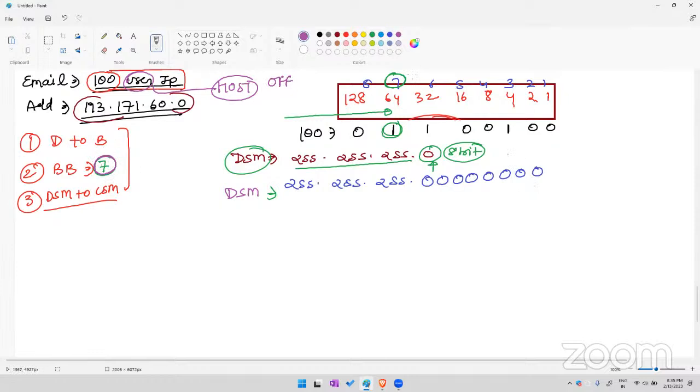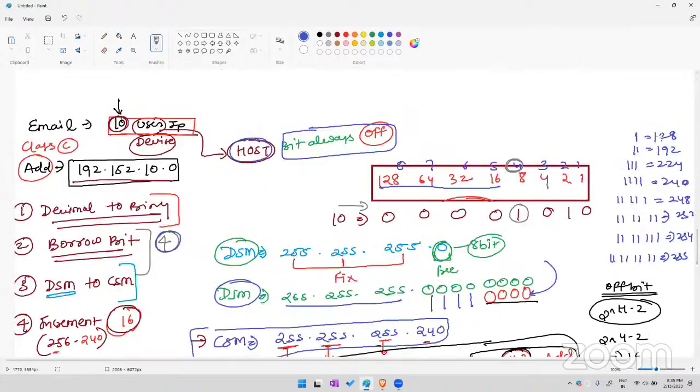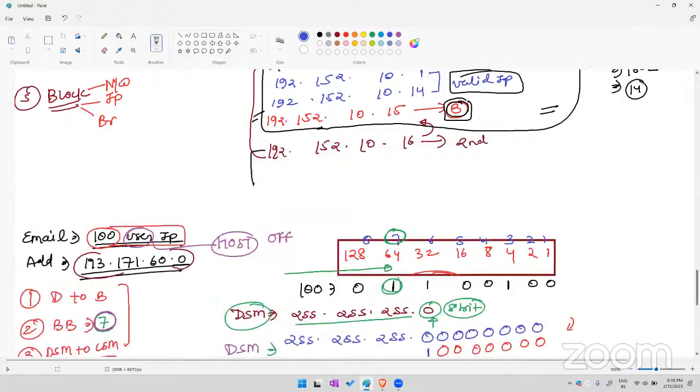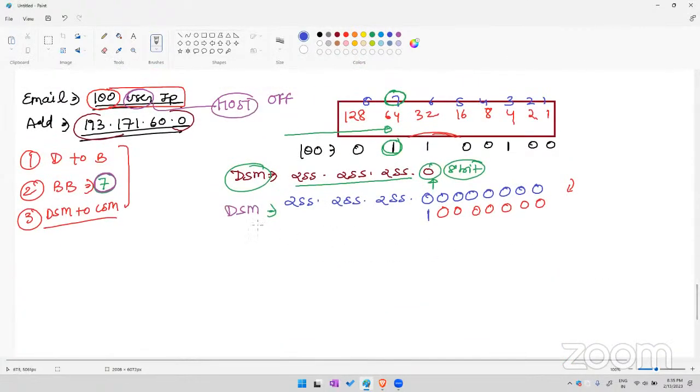So coming from this side, turn off your bits: 1, 2, 3, 4, 5, 6, 7. And how many bits remain? Only 1 bit. If 1 bit is enabled, that means how much value? 1 bit means 128. Now, the subnet mask CSM is 255.255.255.128. Now the CSM is actually ready.